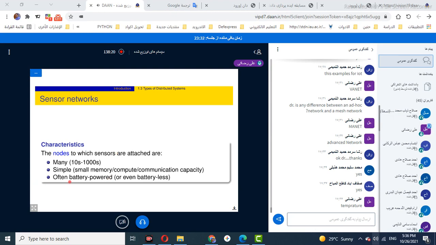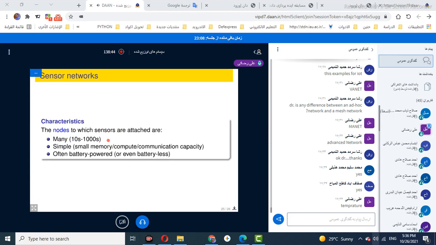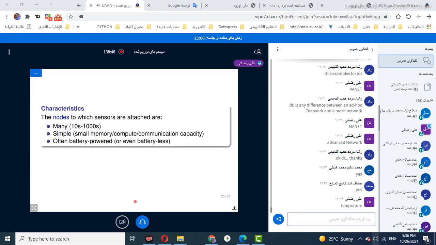And often they are battery operated. They use battery. So running energy efficient algorithms on these networks is very, very important, and has been a very attractive area of research in the past decades. Okay, this is what we call sensor nodes.